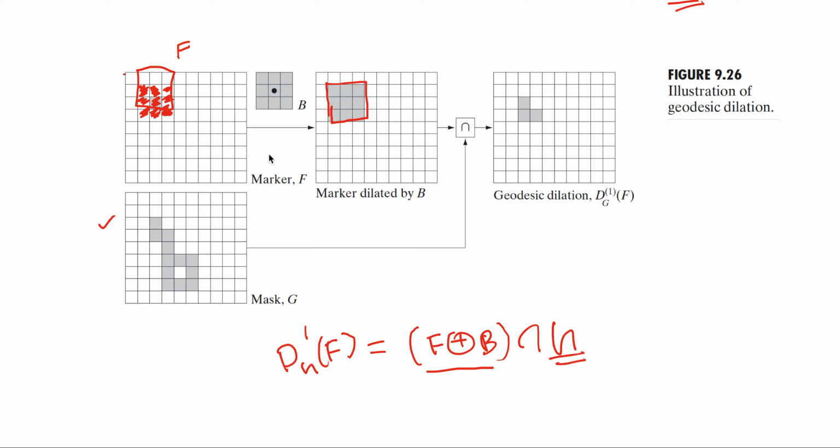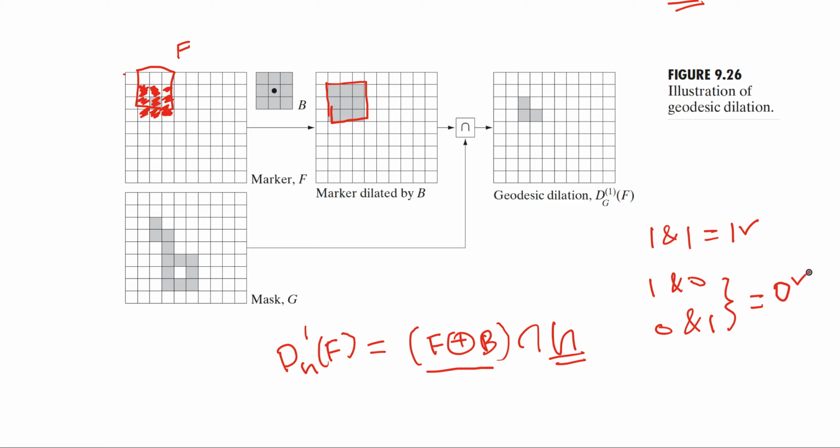Now when you perform the intersection operation, one way of looking at it is, you can take the logical AND operation of the two images. So if you have a pixel which is 1 and 1, then the result will be 1, and if you have 1 and 0 or 0 and 1, the result will be equal to 0. Okay, so if the result is 1, you will be selecting that pixel into my output.